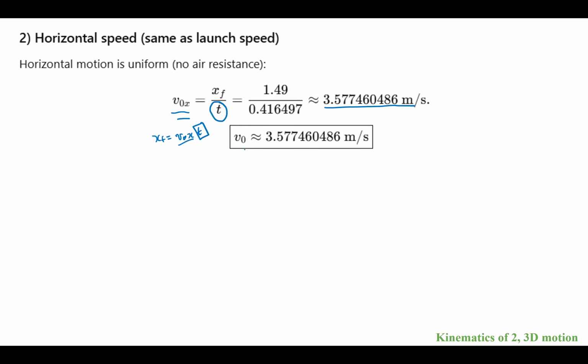And then initially there is no v0y, so that v0 is the square root of v0x squared plus v0y squared, so this goes away, and then we get only v0x. Okay.